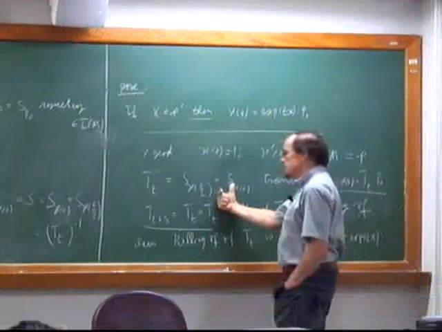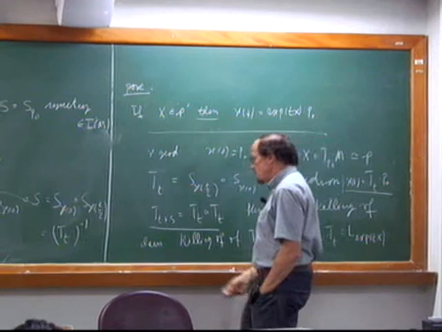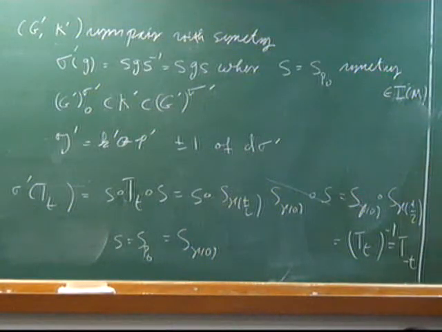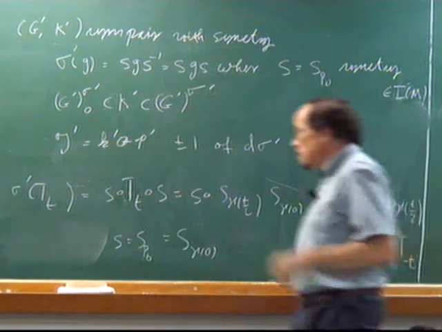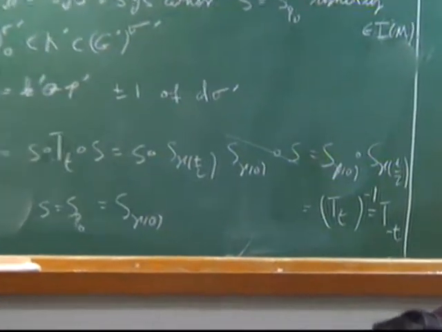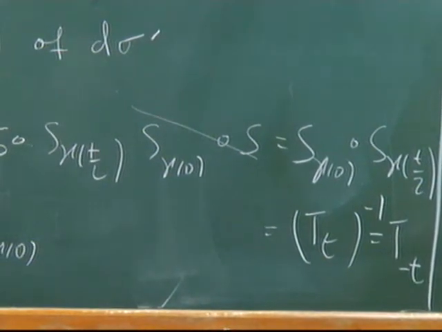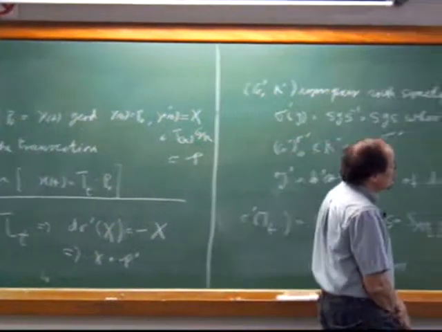Since it's an involution, it's just S gamma 0, S gamma t over 2. And since it's a one-parameter group, that's t minus t. Okay, so it's very easy. Sigma prime has this property that it takes the transvection to minus it, and therefore x lies in the minus 1 eigenspace. And that proves this claim right here.